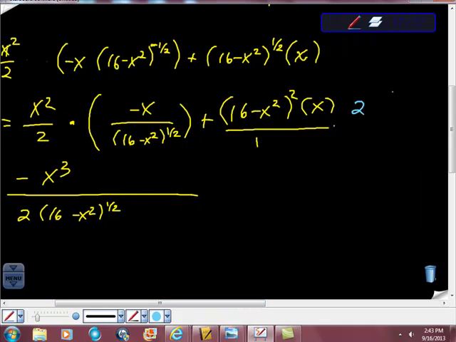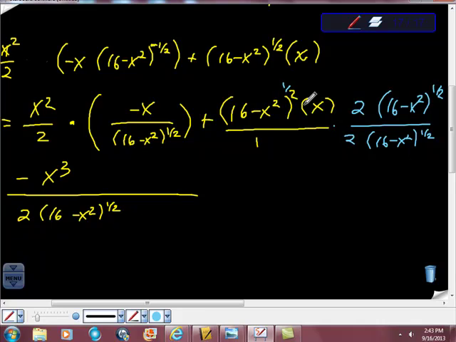It is 2 times 16 minus x squared to the 1/2 over 2 times 16 minus x squared to the 1/2, right? It's a lot going on here, but remember, this is 1/2 power. Remember, if we multiply this 1/2 power times this 1/2 power, they don't cancel each other. This to the 1/2 times this to the 1/2 is this to the 1/2 plus 1/2, which is just 1, isn't it? So 2 times x is 2x, so plus 2x times 16 minus x squared, right?